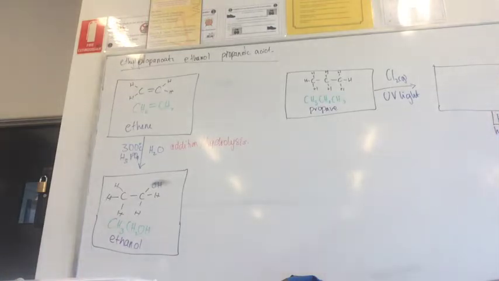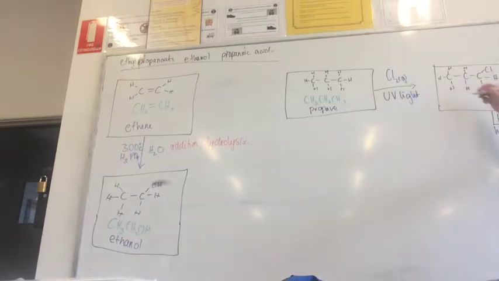Okay, and then let's just make it nice and easy for us, monosubstitution, and we'll put it at the end because we need to have our OH at the end. So we'll just make it easy for us. How many different types of possibilities are there for a monosubstitution reaction? And the names are? 1-chloropropane and 2-chloropropane.